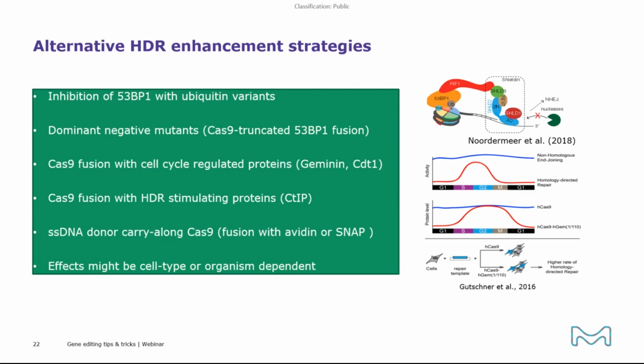You can also fuse Cas9 with dominant negative NHEJ protein mutants, with cell cycle regulated proteins, with end resection stimulating proteins, or with proteins that can carry modified oligo along to the Cas site. However, the effect of these strategies may vary across different cell types.